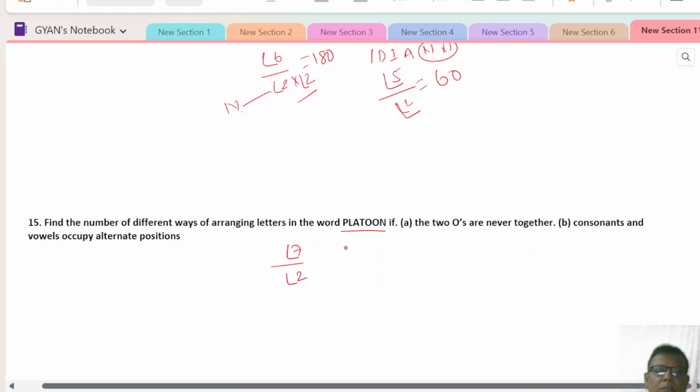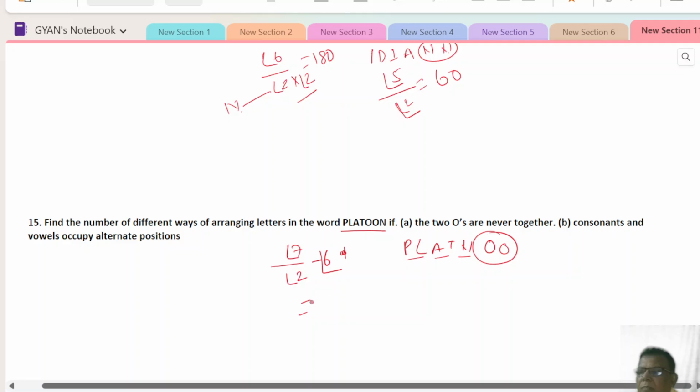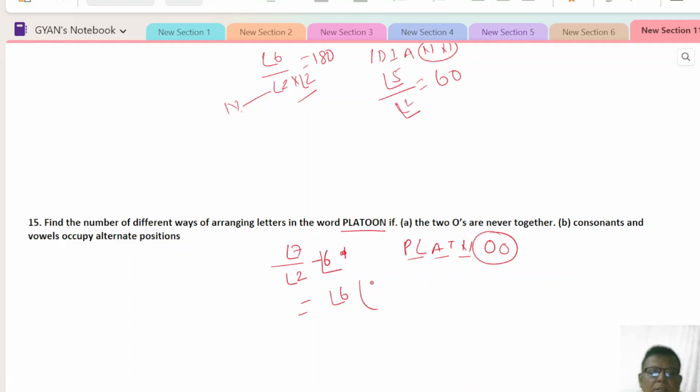And for two O's together, PLAT and OO, so make it 6. So that will be factorial 6. So you subtract it, then it will be how much? Factorial 6 you take common, and then it will be 7 by 2 minus 1.